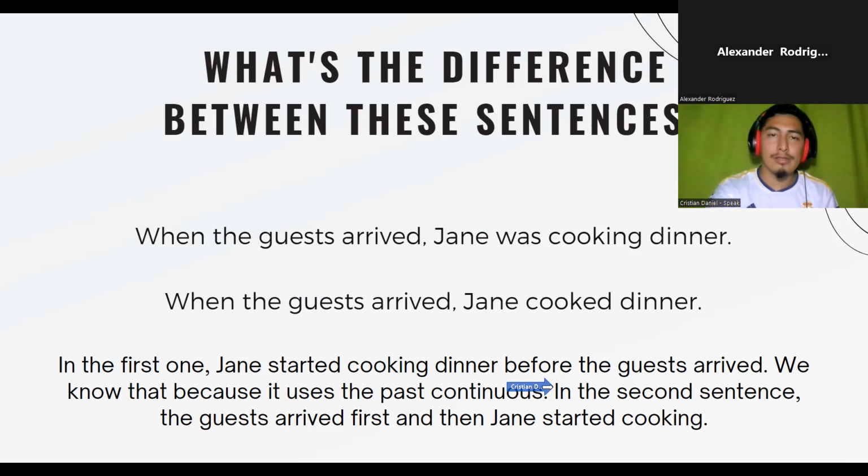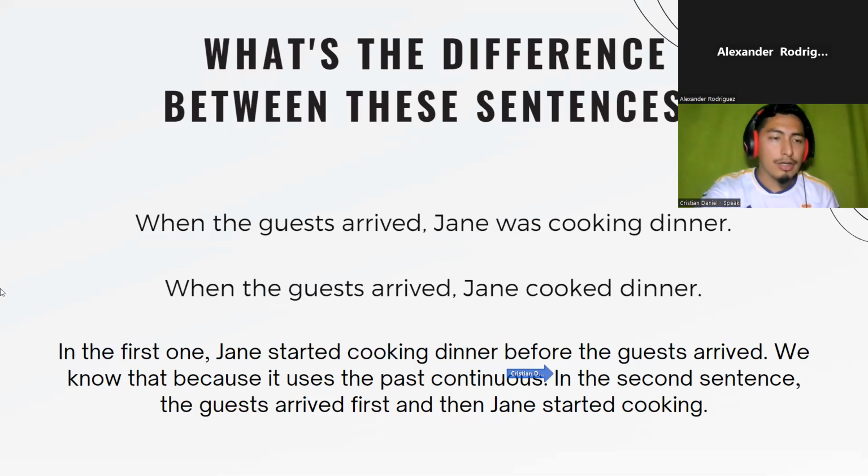Okay, that's really nice. So I would like to continue with some other information about the past simple and past continuous. Right now, let me show you this. Can you read the information on this slide, please?